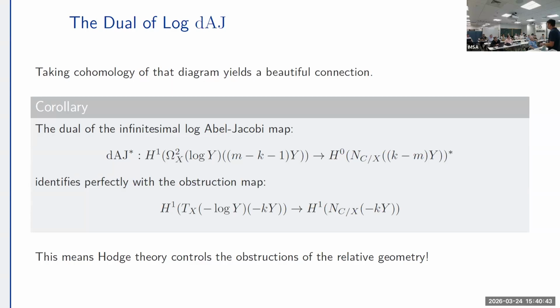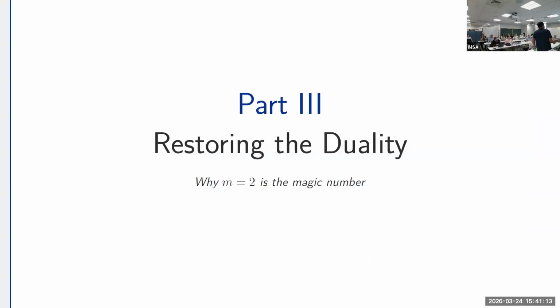Let me ask for questions here. The formula probably looks really bad. So once again, what I want you to take is that you have some deformation problem on one side, you have Hodge theory on the other side, and if you are in this Q-log Calabi-Yau threefold setting, you have a bridge between them. That's all I want to say in this setting.